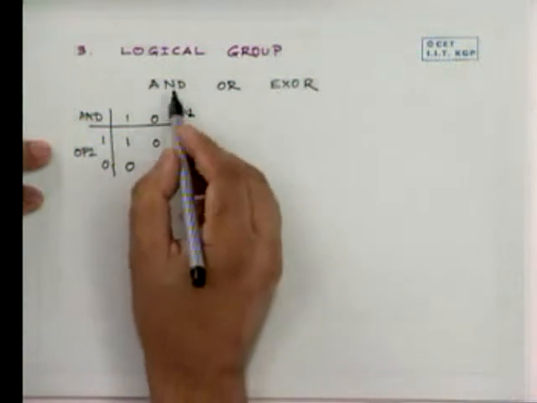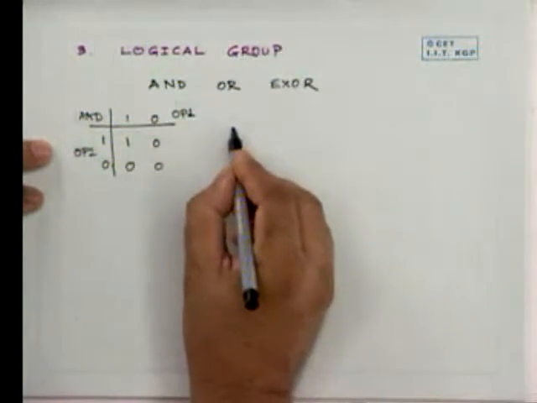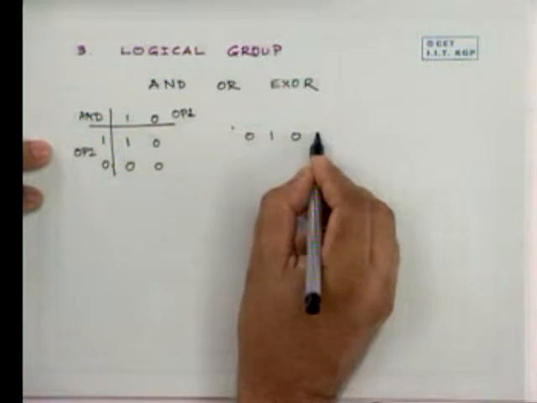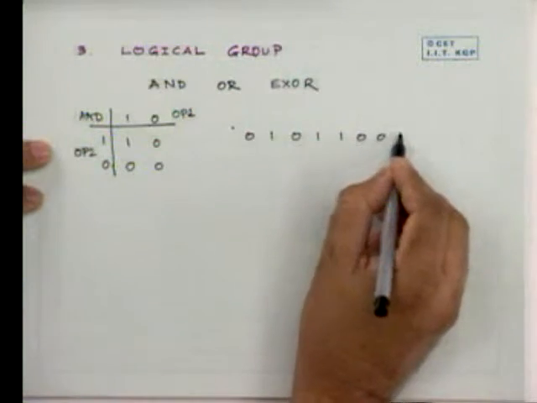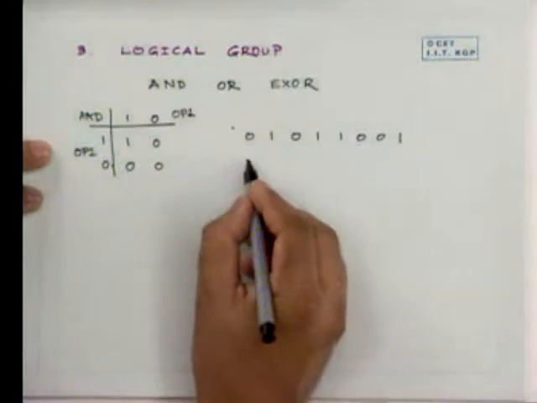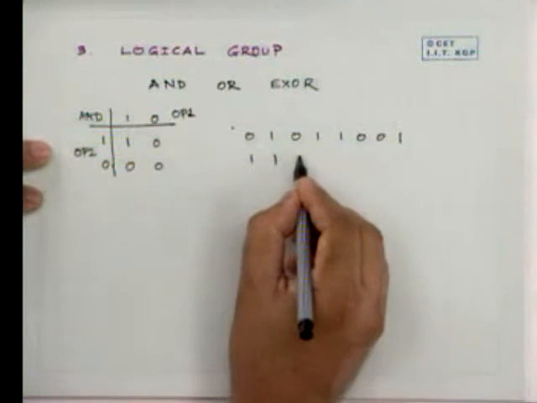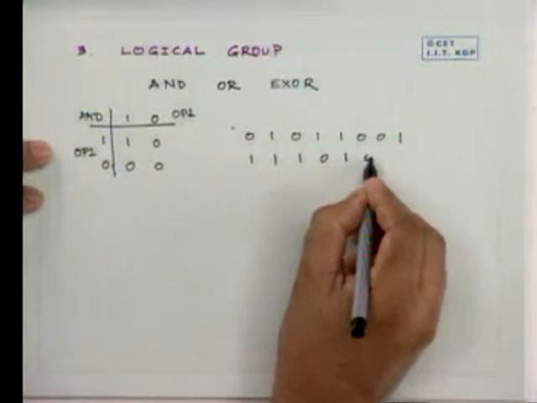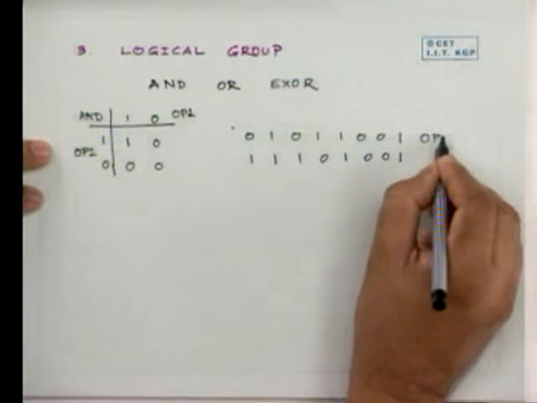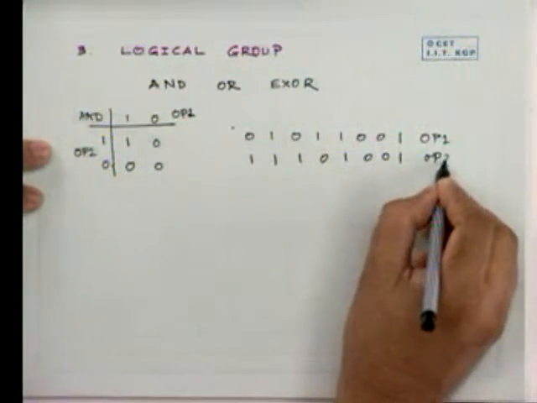Okay. Therefore, when we do that AND operation, say on 2 bytes, say 1 byte contains this data, another byte contains this data. Say this is my operand 1 and this is my operand 2.